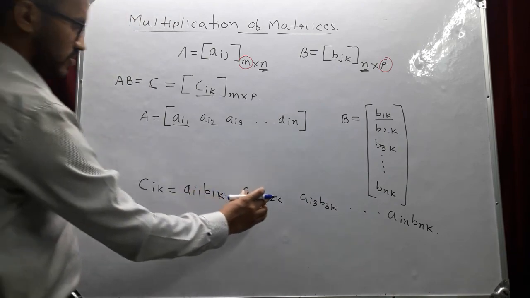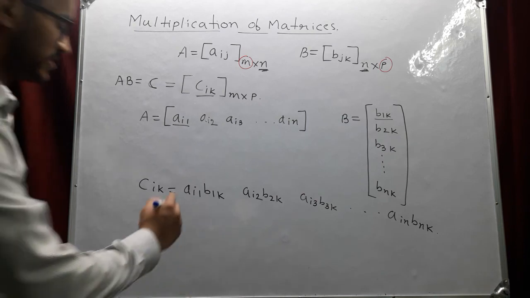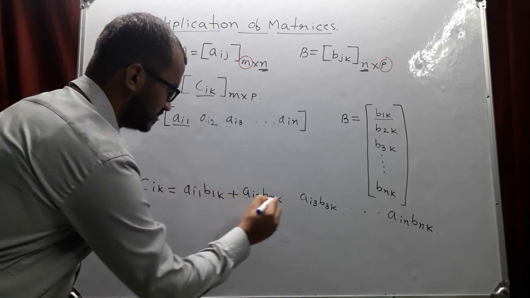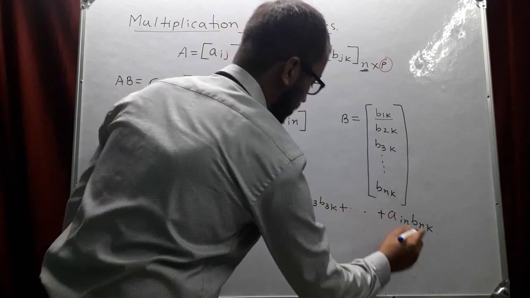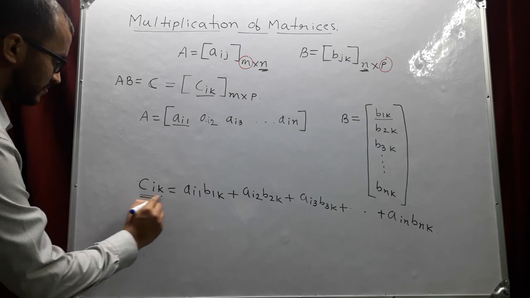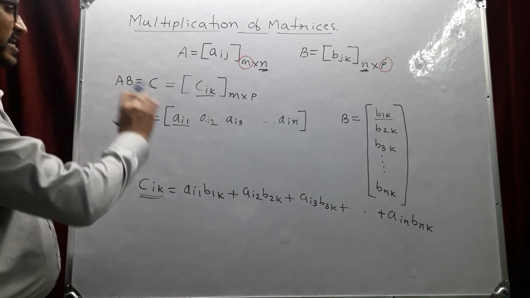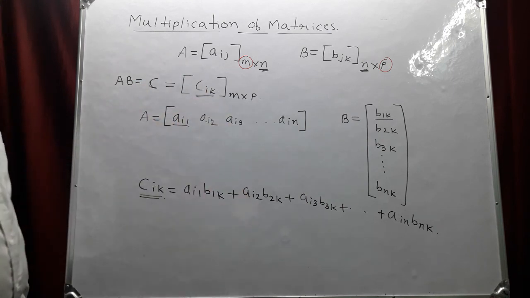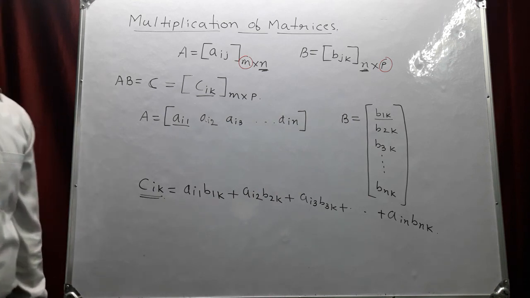So we have got the products here. Then we have to take the sum of these products, that is add all the products. So like this we get the element Cik. If you consider one example, you will get a clear idea how to multiply two matrices. So let us see one example.